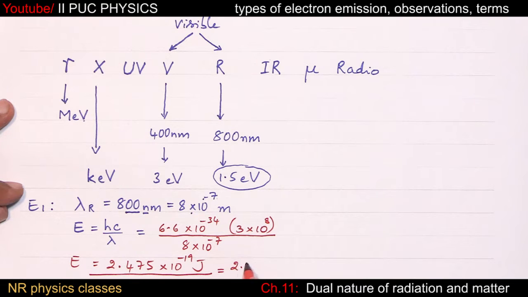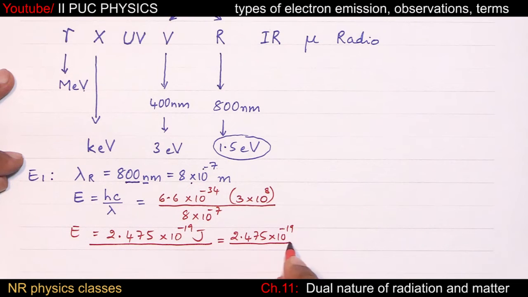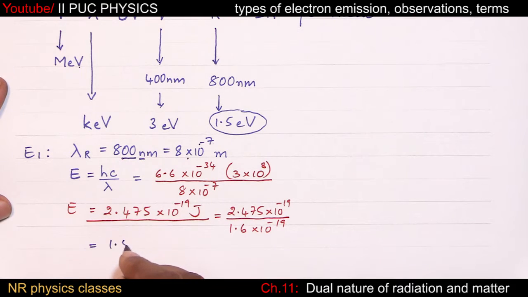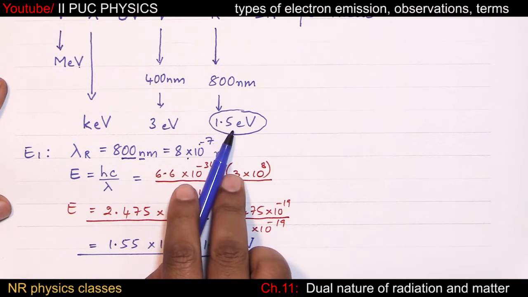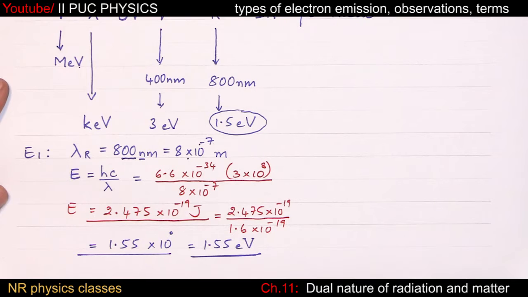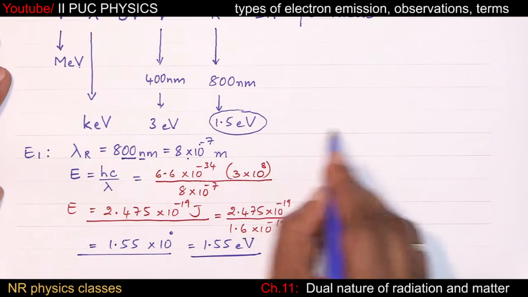Therefore 2.475 10 power minus 19 by magnitude of charge of an electron, 1.6 10 power minus 19, 1.55 10 power 0, which is 1.55 electron volt. So that number is approximately 1.5. Now I'll give few homework.